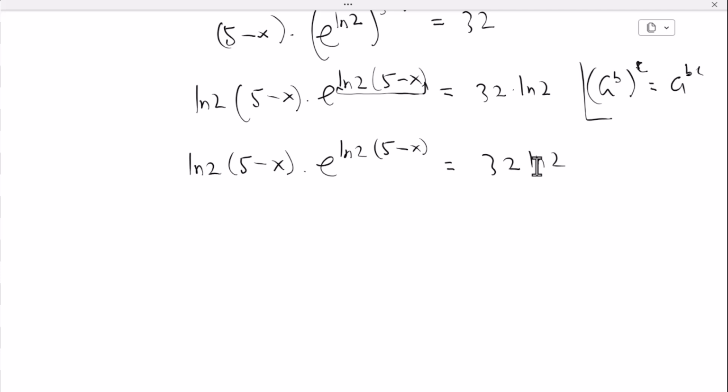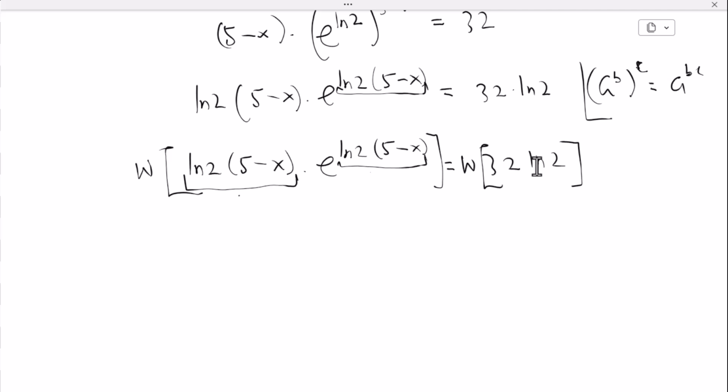Now we can go ahead and take the Lambert W function on both sides, since what we have over here and here is the same. So we take the Lambert W function on the left hand side and on the right hand side.